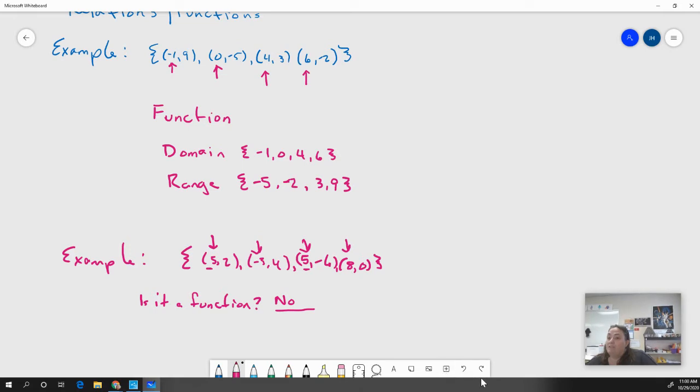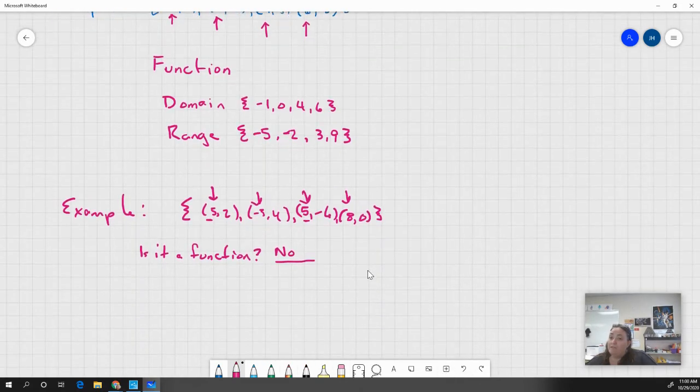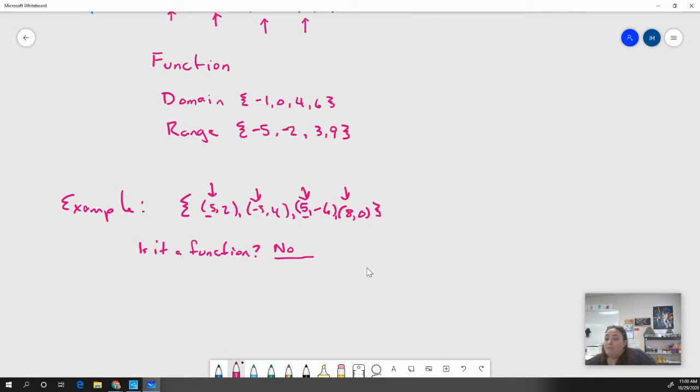And if I asked you, okay, well, it's not a function, but what is the domain of this relation? It is a relation, right? And what is the range?